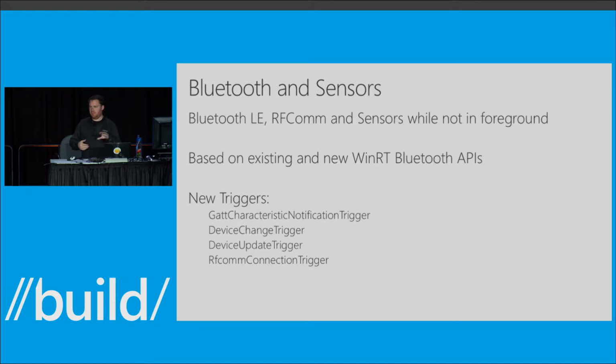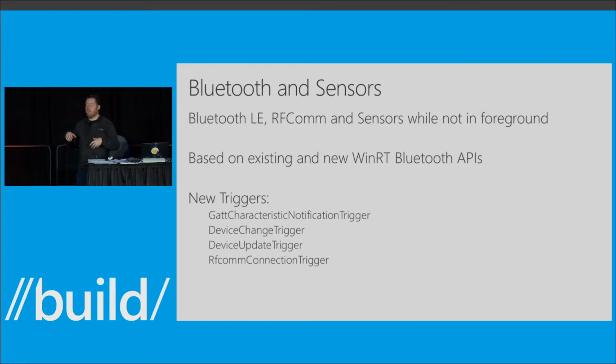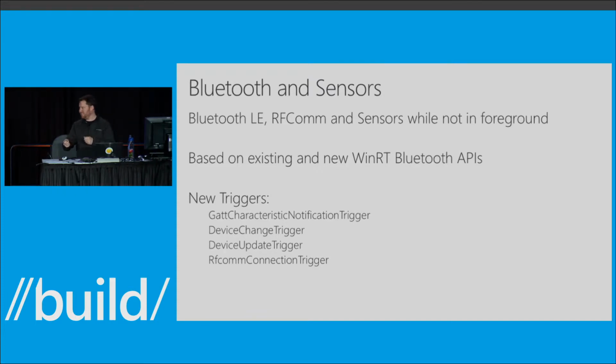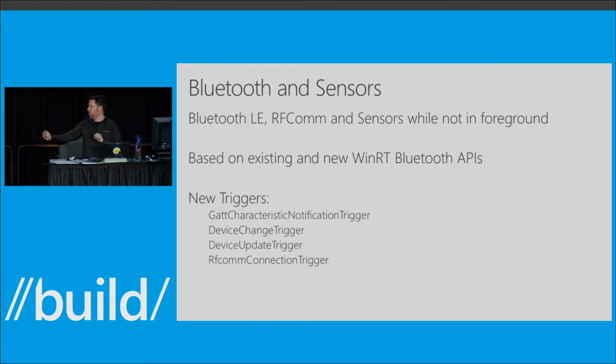If any of you were in Andrew Clinick's session, he had a demo with a Bluetooth heart rate monitor that was using the device update trigger, where you can have a long-running task that you explicitly launch, and then you can talk to your Bluetooth device there. He was using a Bluetooth LE device, and he was just receiving events from that device. Sorry, I got them mixed up.